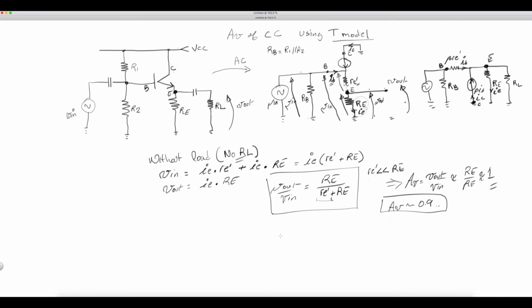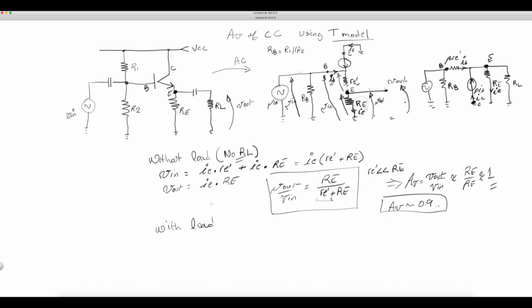Okay, so having solved for that, what's the next thing? Well, with load. Are things going to be different?